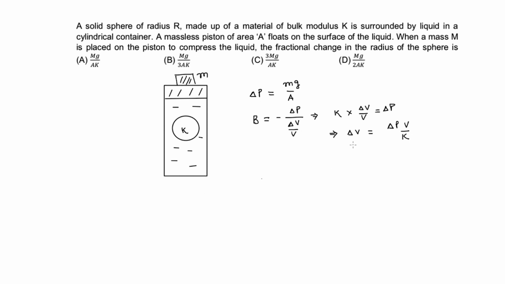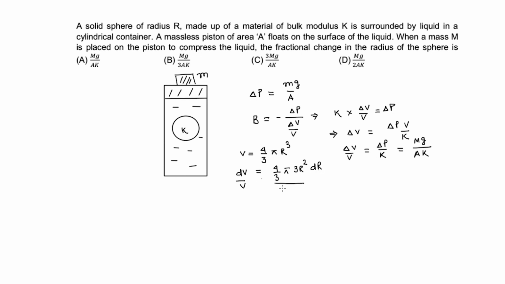So delta V by V is delta P by K, which is nothing but mg divided by A into K. That is known to us. Now it is simple. We have to relate V and R. We know that V of a sphere is 4/3 pi r cube. So what is delta V? It is nothing but dV, because the change is very small: 4/3 pi into 3r square into dr. So what is dV by V?